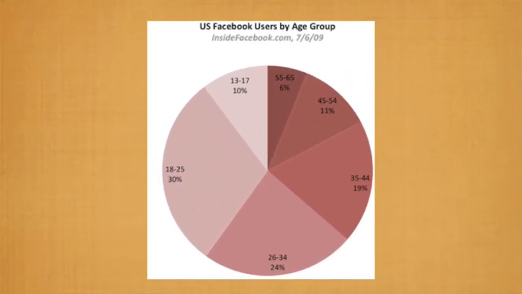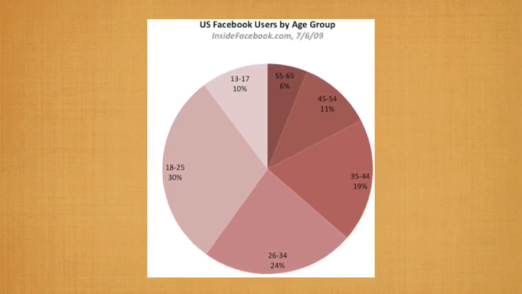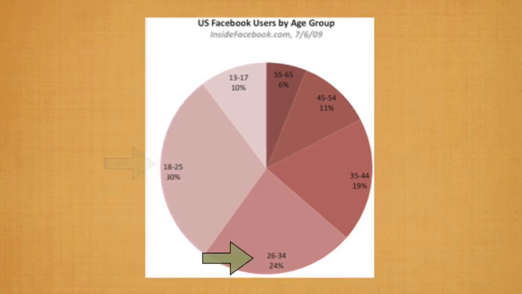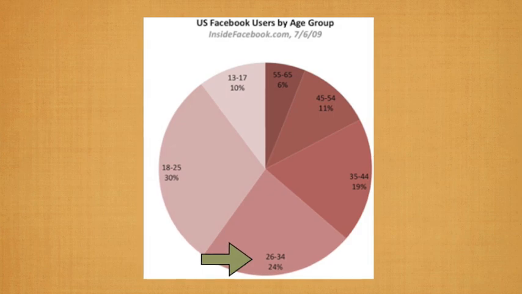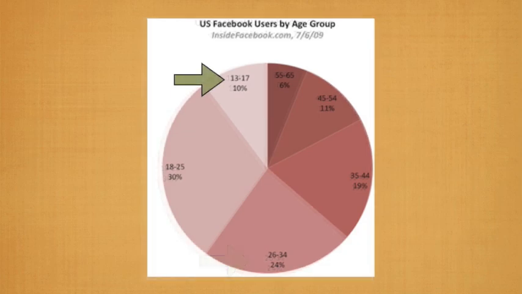Instead, the speaker could use the visual like this. Facebook, while growing in use among older people, like sadly our parents and grandparents, is used most widely by 18 to 25-year-olds at 30%, followed by 26 to 34-year-olds at 24%, according to InsideFacebook.com, which is a research website that tracks Facebook users for marketers and developers. Our age group, 13 to 17-year-olds, makes up only 10% of Facebook users.